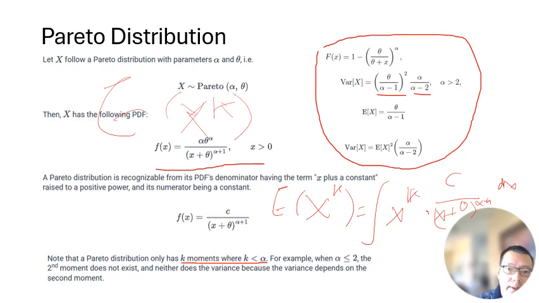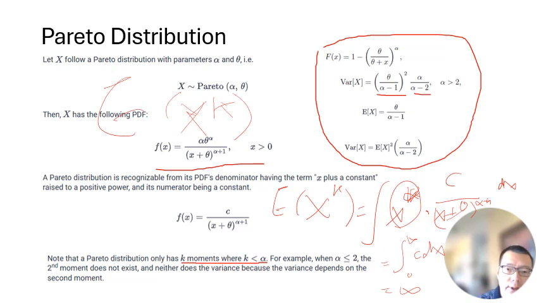If k is greater than or equal to alpha, basically this x to the alpha will cancel out with the alpha in the denominator. Basically, you have something like this, and since it's from 0 to infinity, this whole thing will be infinity. That's why it doesn't exist.